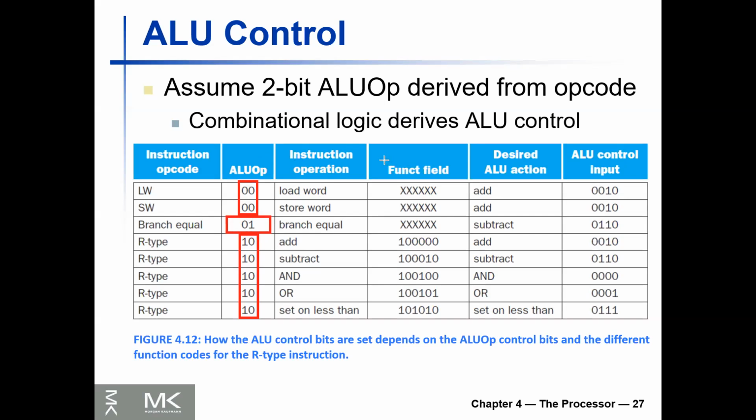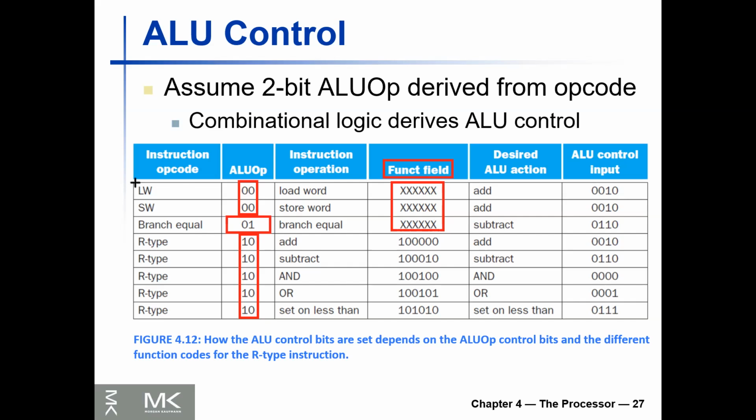Now this is the function field, girls. As I just said, you people just check it. It is basically 6 bits. Okay, so from these 6 bits, see for the load, store, and branch, it is basically don't care. And why is it don't care? Because we don't have a function field for load, store, and branch equal. Is it clear?